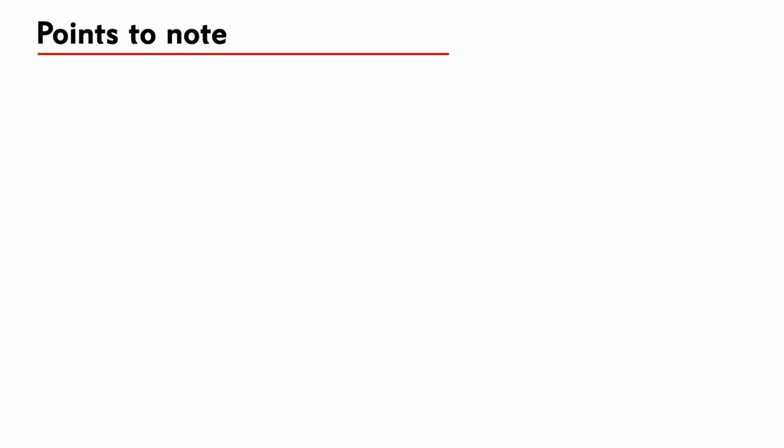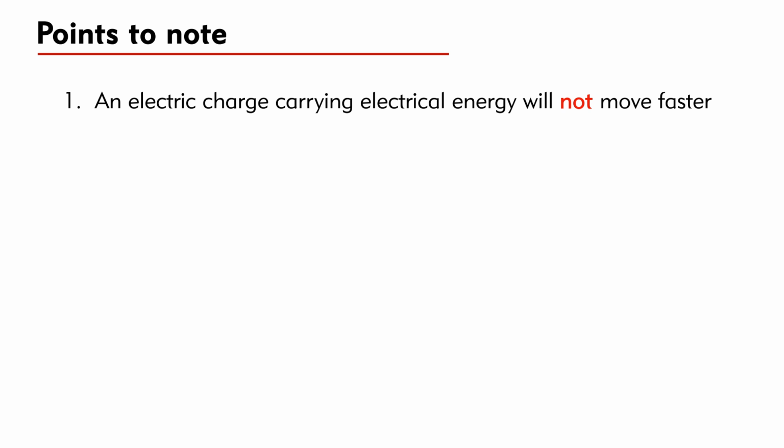There are several points we need to note. Firstly, when an electric charge carries electrical energy, it will not move faster. In fact, all electric charge in the circuit is moving at a constant speed, whether it carries electrical energy or not. That is, the charge on the left side and the right side of the circuit are moving at the same speed. Here, the electrical energy is not visible.